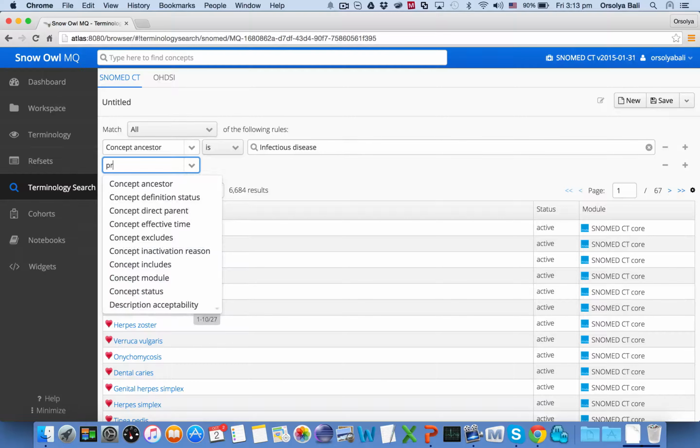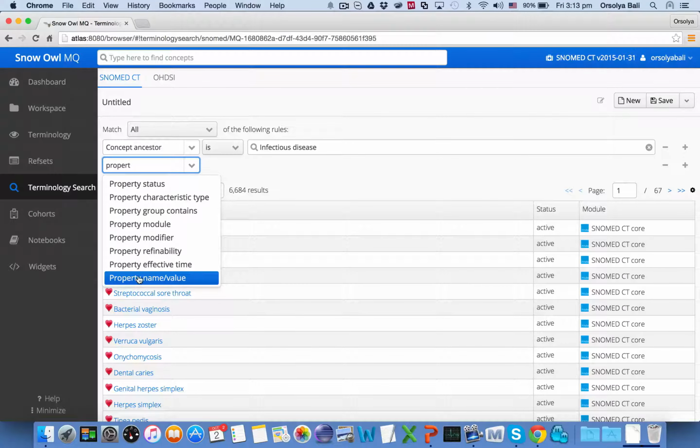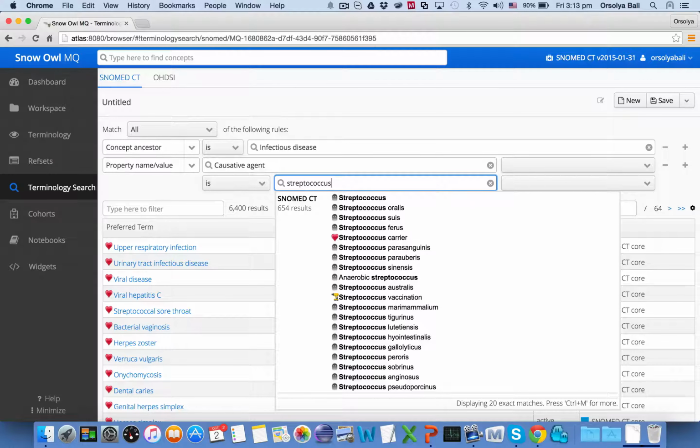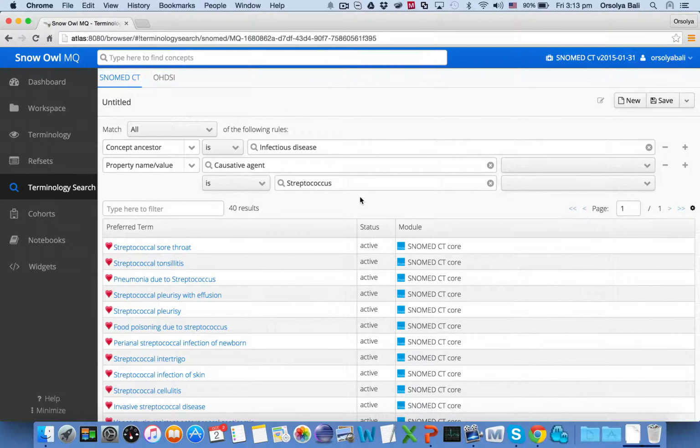So if I add a property constraint where I'm looking to return everything that was caused by causative agent Streptococcus, you see that I have a lot of options here in the list to select from, but the icons help in identifying the right one.